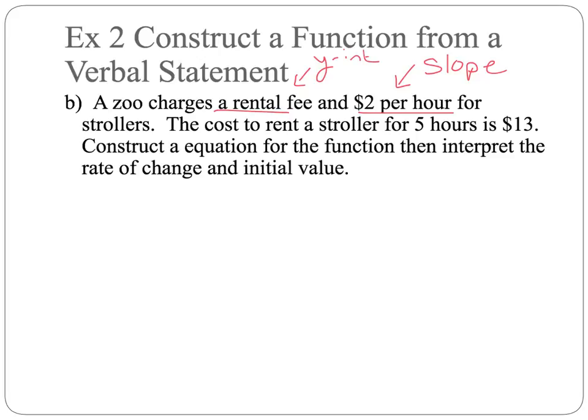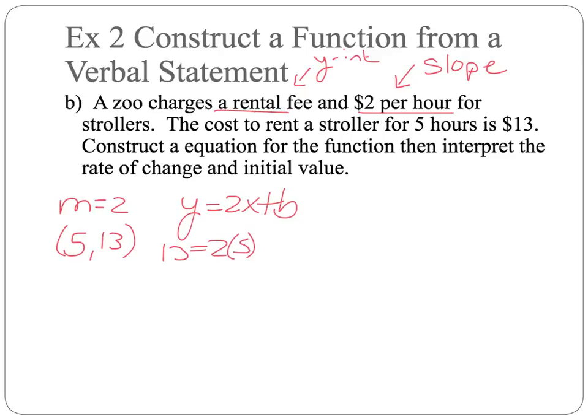Not quite sure what yet, but it has something to do with our y-intercept. So m is 2, and I'm giving you the ordered pair 5, 13. Remember, dollar amounts are always your y value. So y equals 2x plus b. 13 equals 2 times 5 plus b.